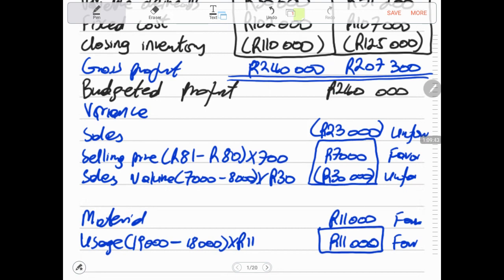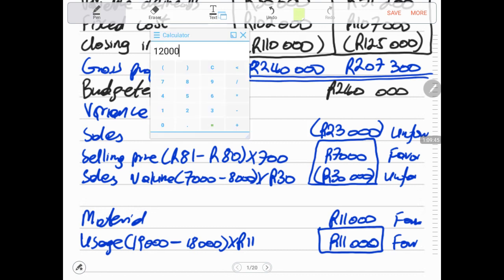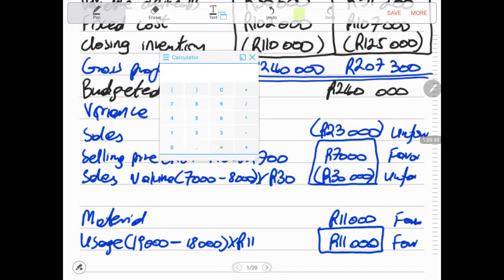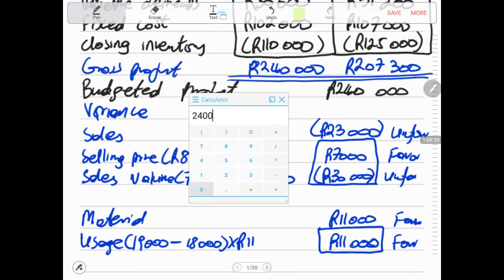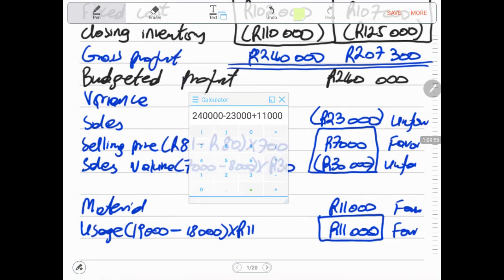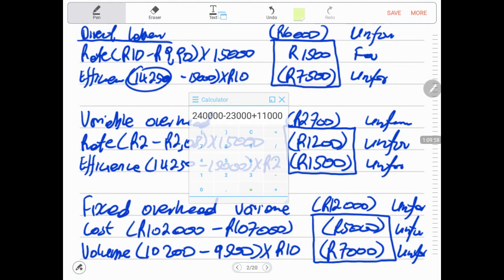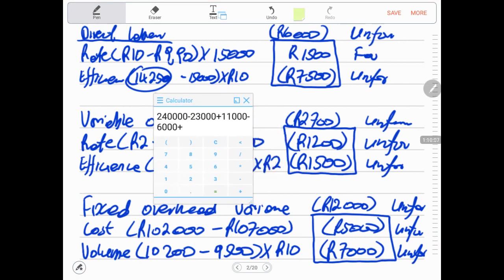Then I just deduct all the variances that are negative and add all those that are positive. 240,000 minus 23,000 plus 11,000 minus 6,000 minus 2.7 minus 12,000.